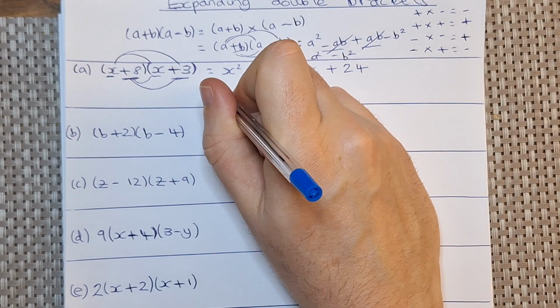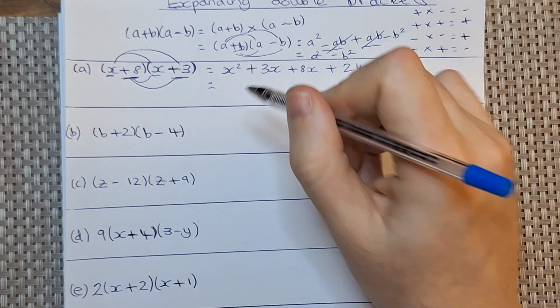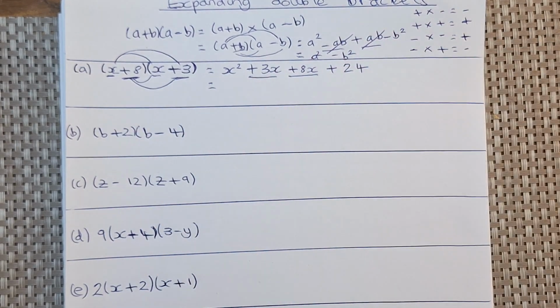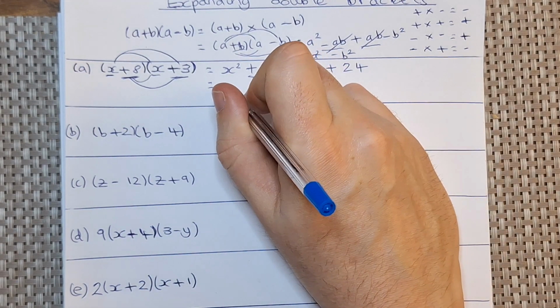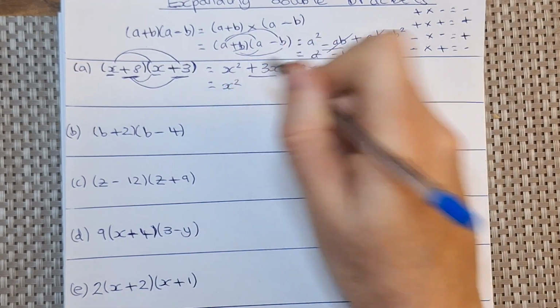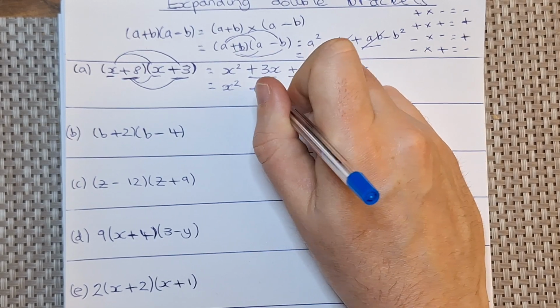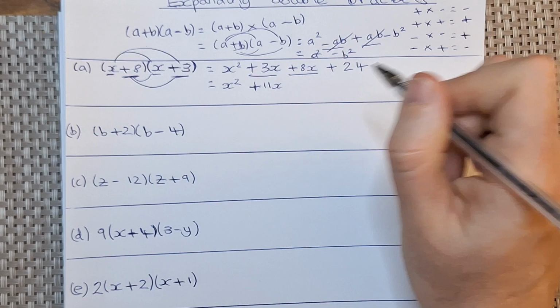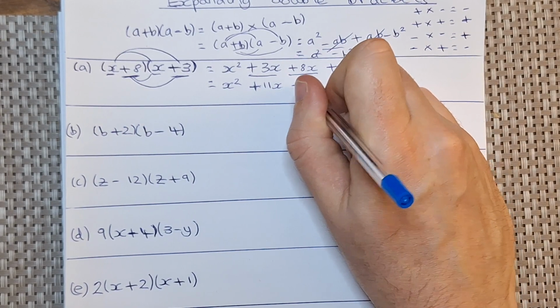Now simplify this. We've got 3x here, 8x here. 3x plus 8x is 11x, so we simply get x squared plus 11x plus 24.